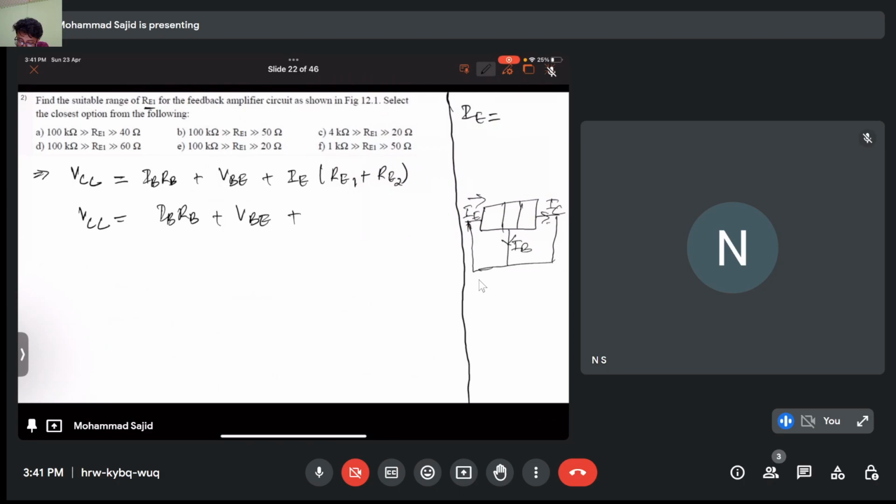So this is your BJT transistor, right? If I consider this as a node, your IE current is injected and IB and IC flow in this way. So what will be IE now? Apply KCL at this node. Can you tell me what IE will be?